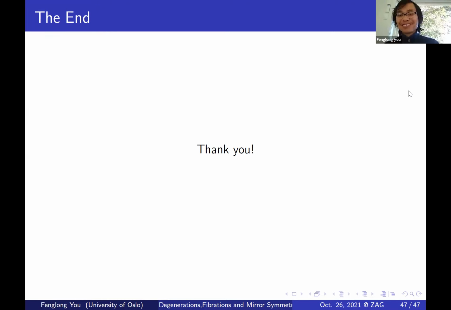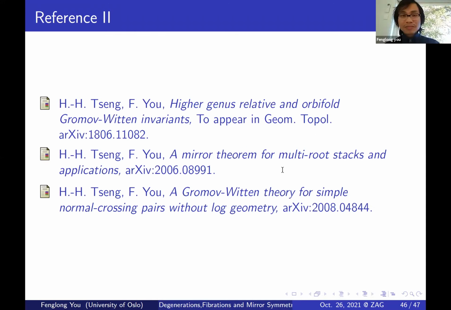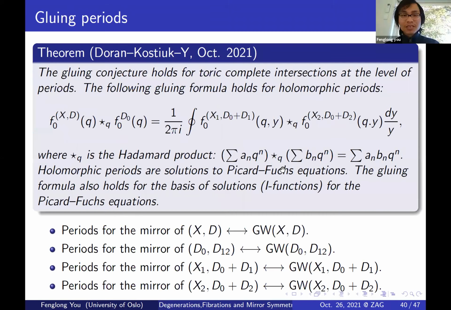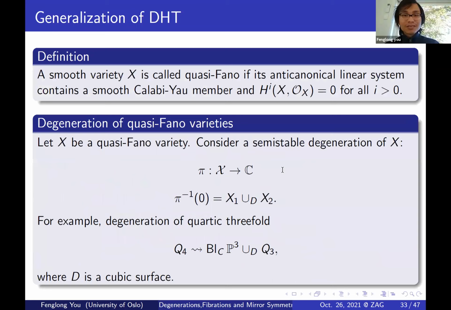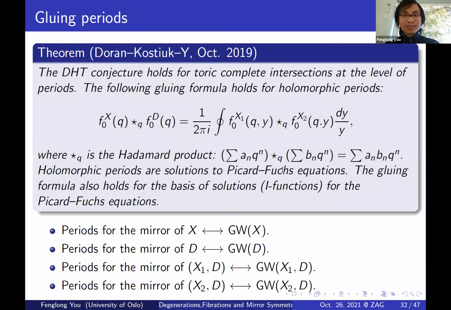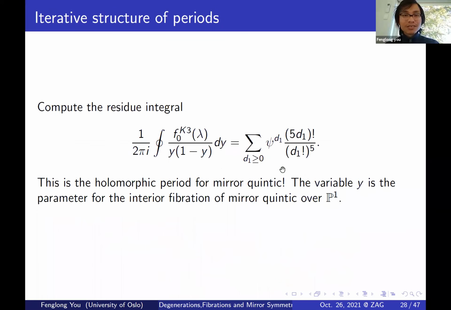All right. Any other questions or comments? Can I ask a question? Yeah. Sure. So you mentioned that example of the mirror dual of a quintic threefold earlier, and you mentioned that it's a P1-fibered family of K3 surfaces. Right.